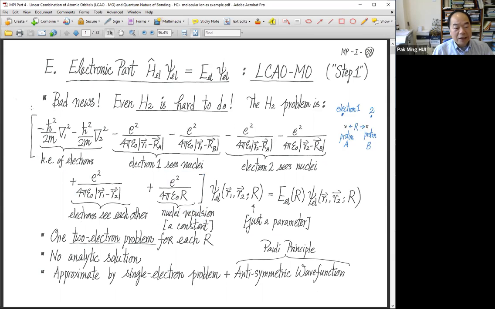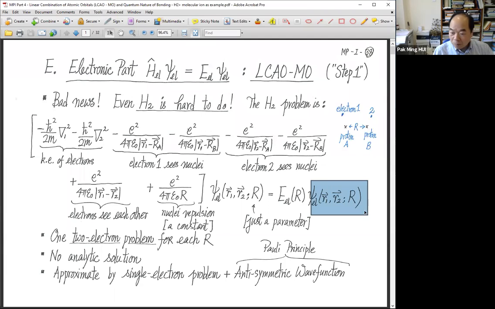So this is the electronic Hamiltonian multiplied by the electronic wave function equals the eigenvalue we want to solve for times the wave function. So this is the electronic part of the H2 molecule.